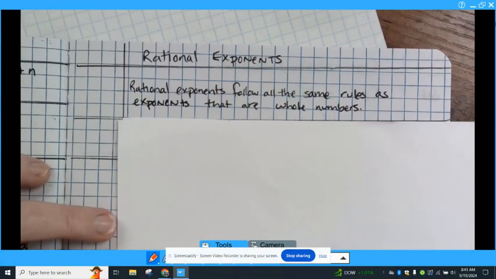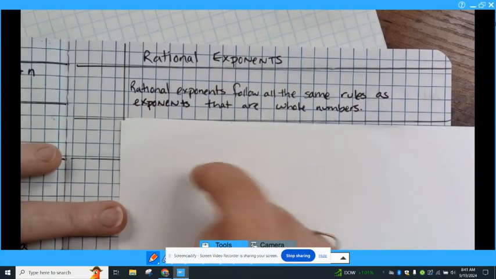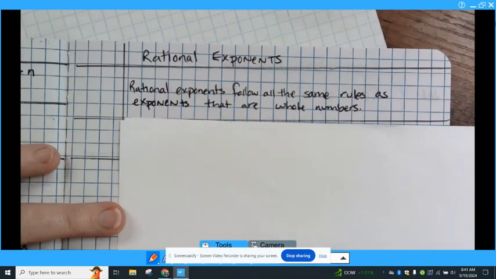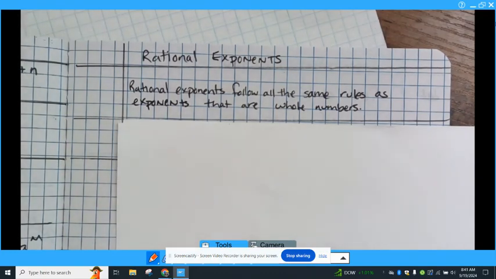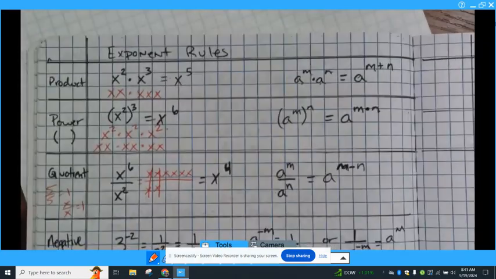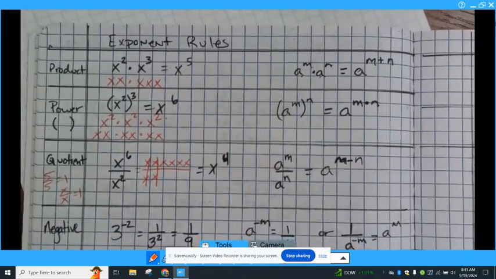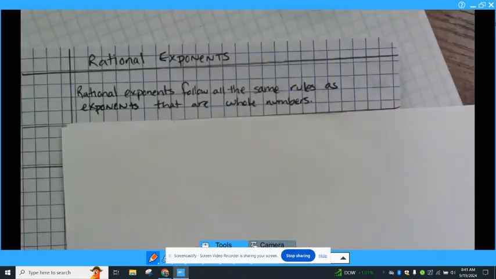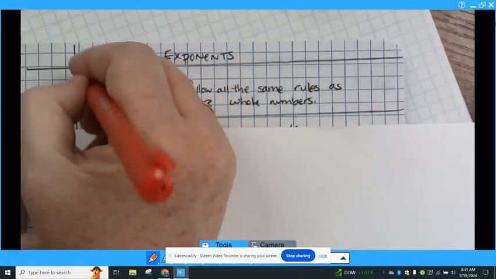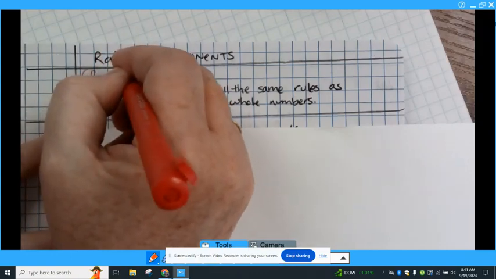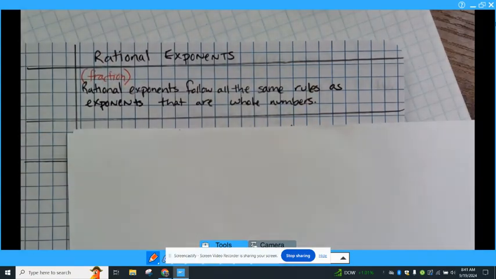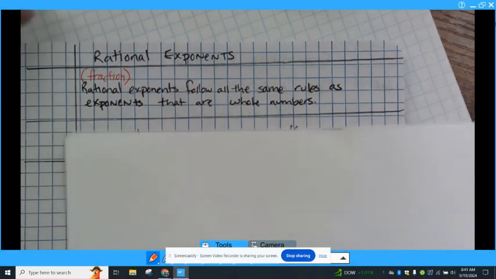So we're going to start with the fact that rational exponents follow all the same rules as exponents that are whole numbers. On the page before, you should have the regular exponential rules. Rational exponents, just a fancy word for a fraction, follow the same exact rules, okay?